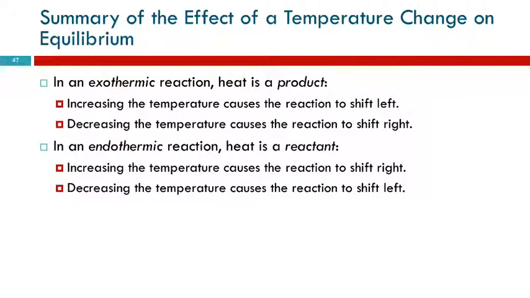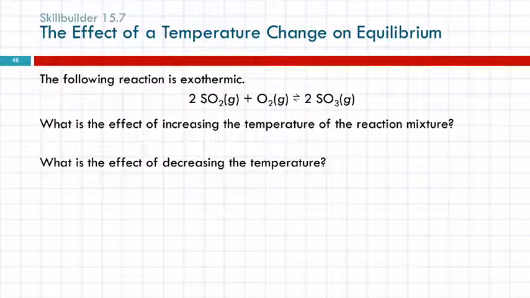So in an exothermic reaction, heat's a product. Endothermic, heat's a reactant. So you can answer these questions by saying, well, I'm increasing the reactant, I'm decreasing the reactant. How is that going to shift? So here we have a reaction. We're not given a delta H or anything, but we're told the reaction is exothermic.